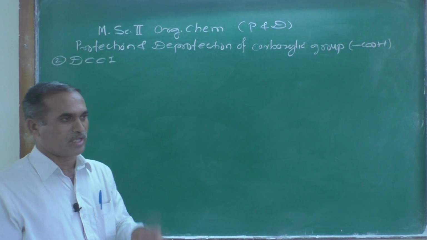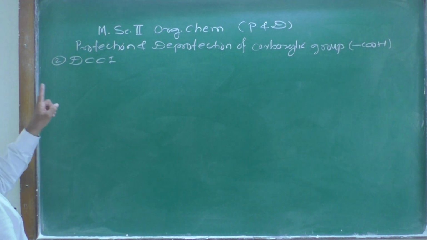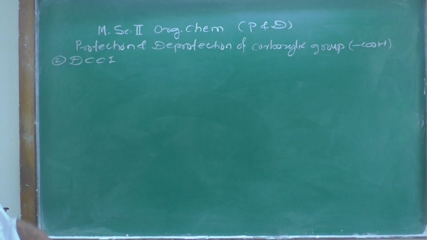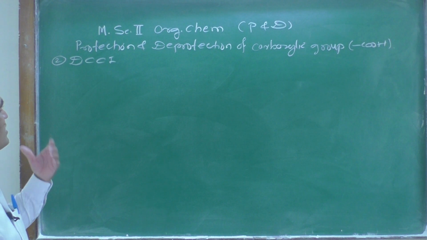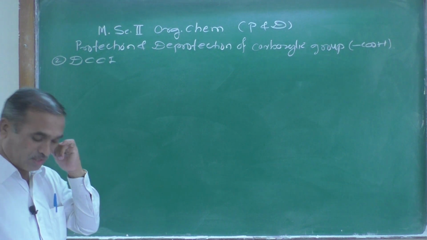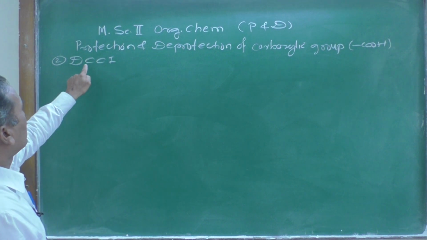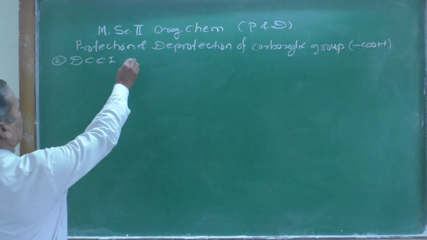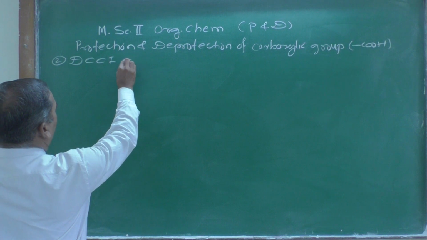And today we are going to learn the next point, that is the second point, DCC, the protection and deprotection of the carboxylic group COOH. Here, DCC, what does it mean?